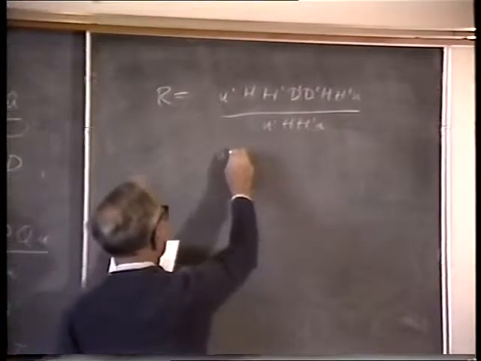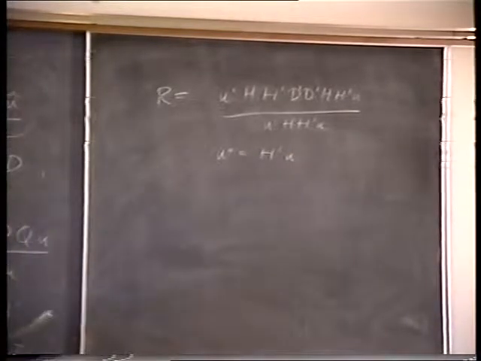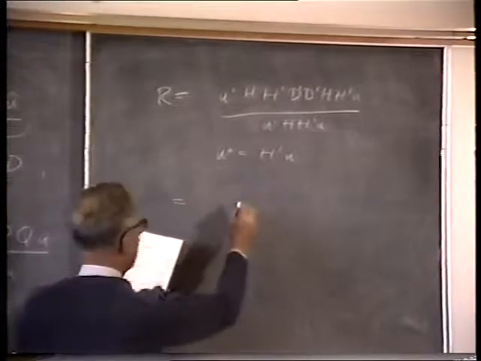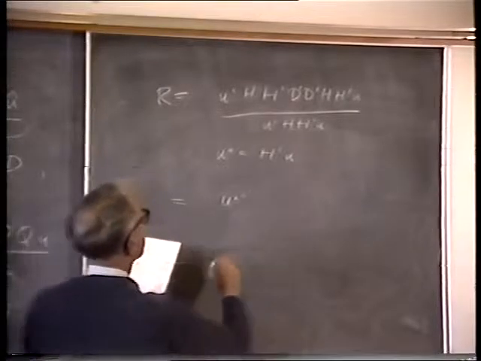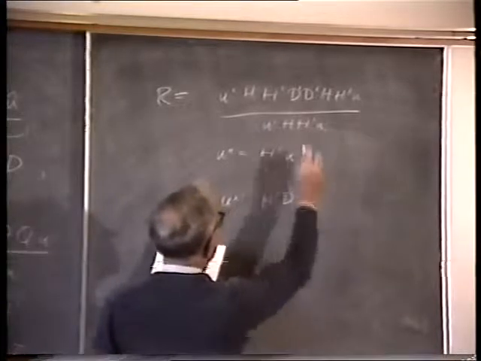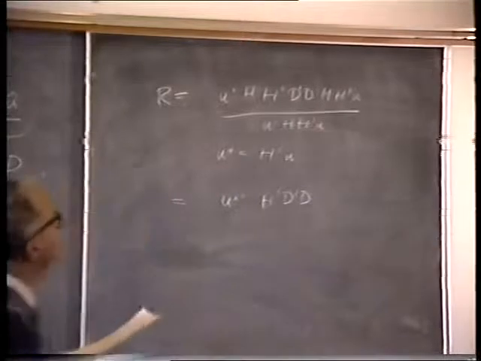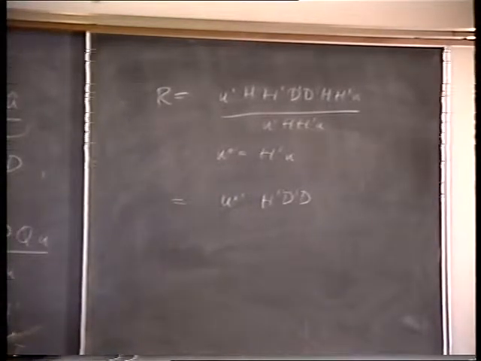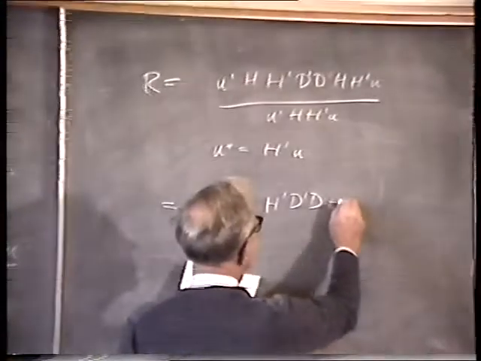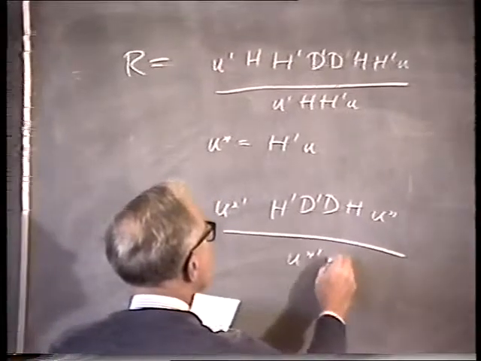And if we now introduce U star equals H prime U, we can write this in the form U star primed and then H prime D prime D. Sorry, as usual I'm a bit too rough and ready with my primes, so I need to have D prime D in the center here, H U star upon U star and U star.